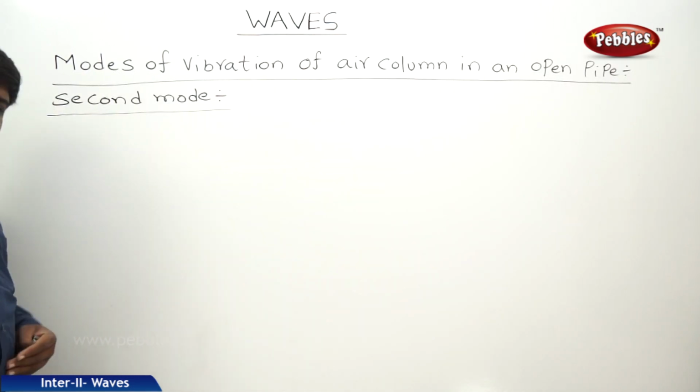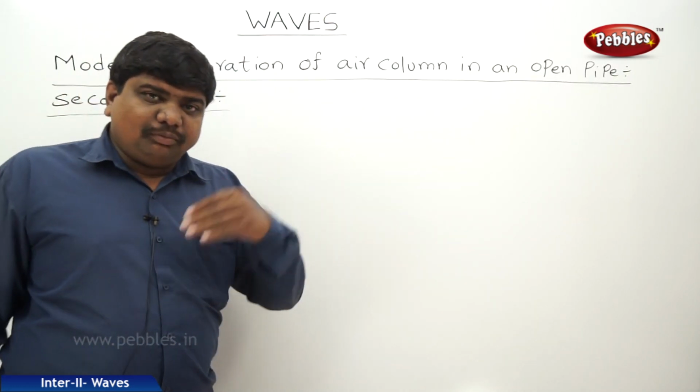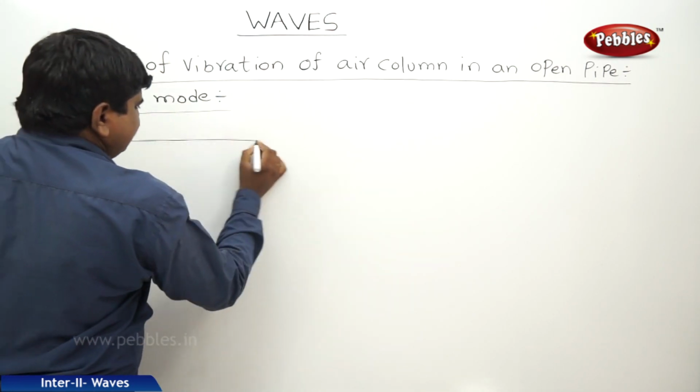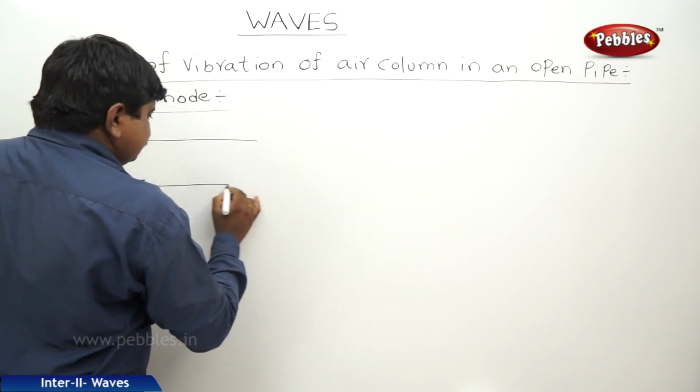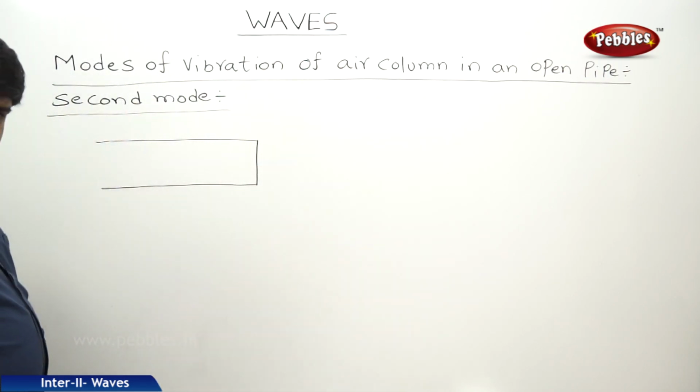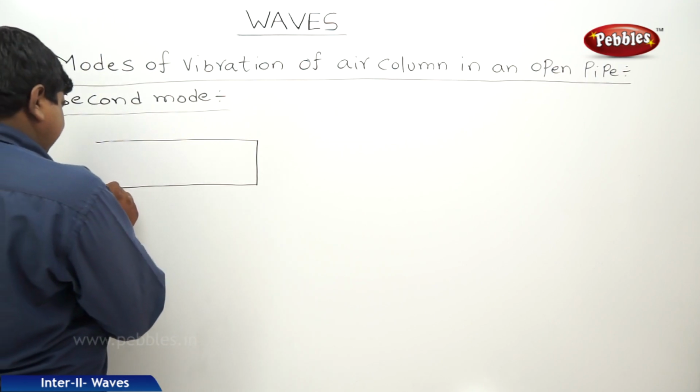The next mode of vibration is the second mode or second harmonic. In this case we are taking the same pipe, the second end is closed and the first end is open. So here what is the structure of the loop?